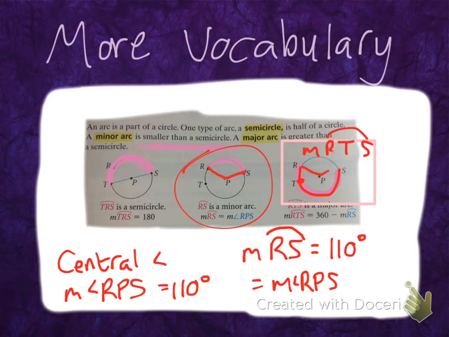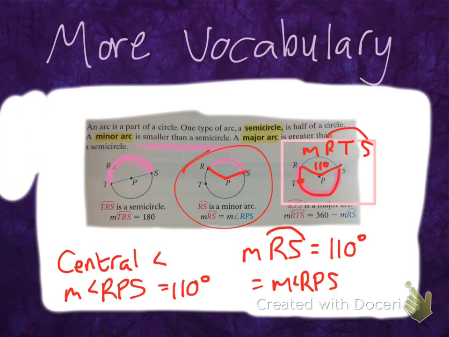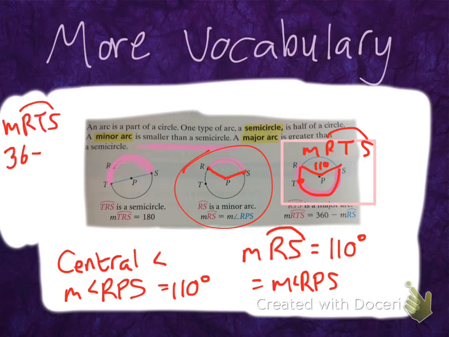So again, if we know that this is 110, well, the rest of it must be 360 minus 110. So if we wanted to find the measure, let's create some more space here to see this. The measure of arc RTS is just 360 minus 110, which is 250 degrees.